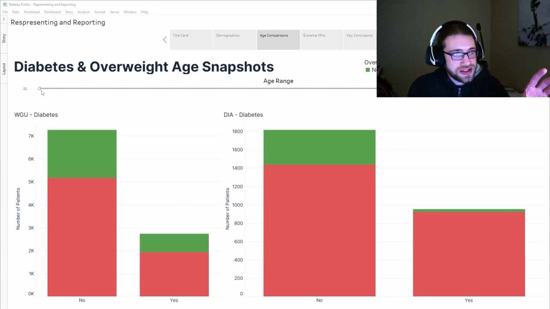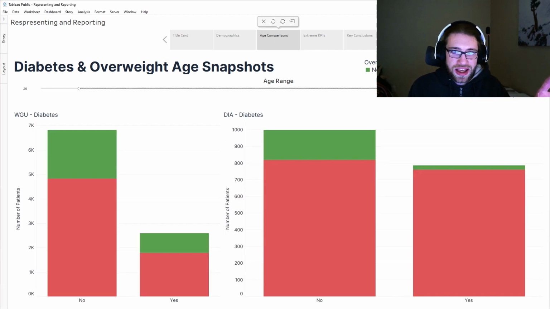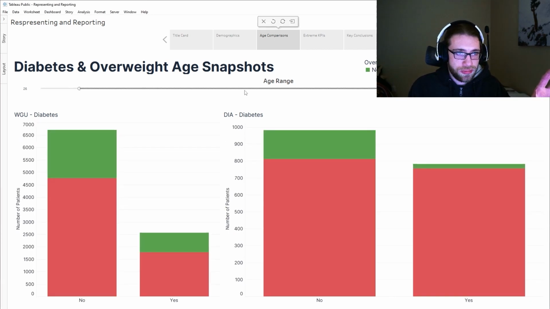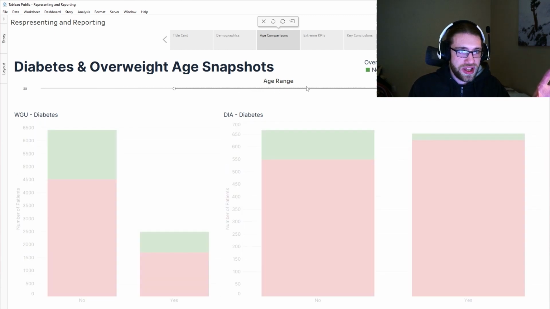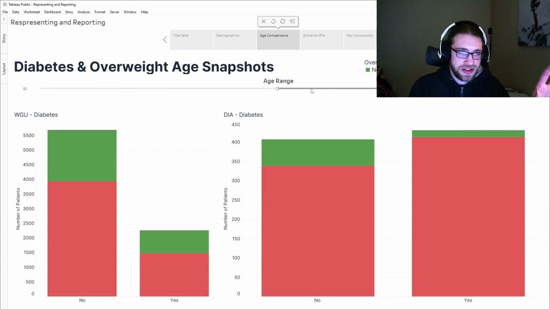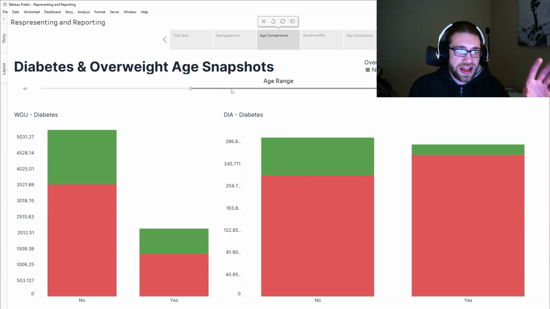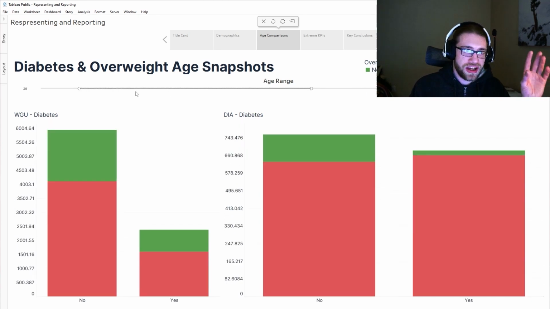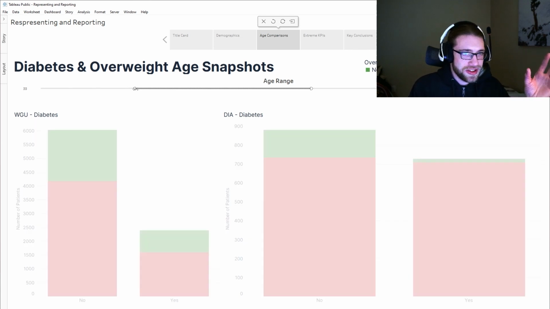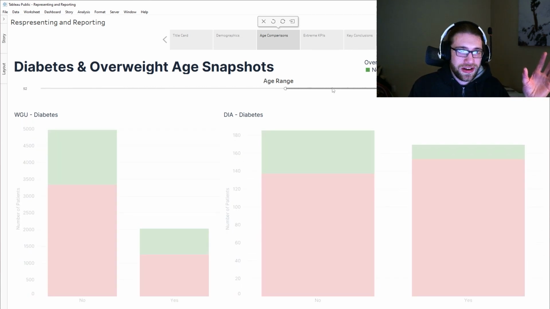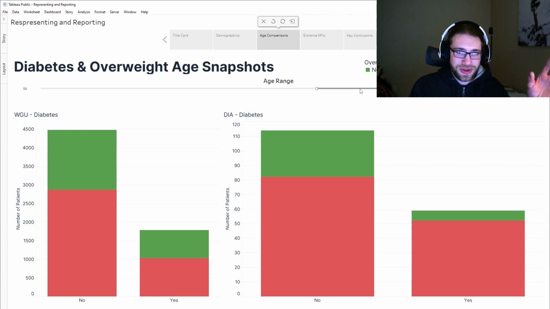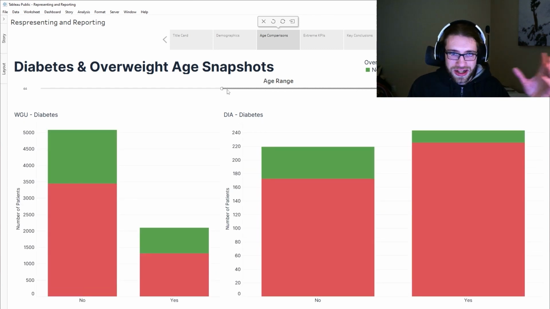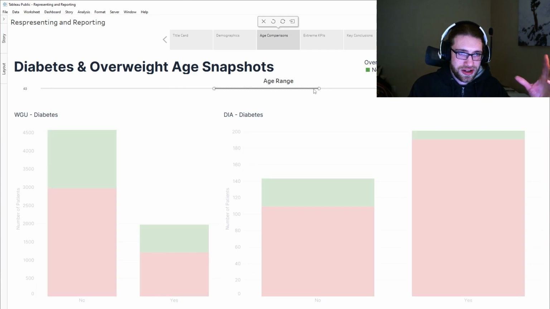And as we adjust the age range that we're looking at, for almost every single range you could possibly come up with, we have significantly fewer overweight and diabetic patients when compared to our competitor. You can mess around with this, and there is very, very little spot where we have a higher number of overweight diabetic patients than our competitor.